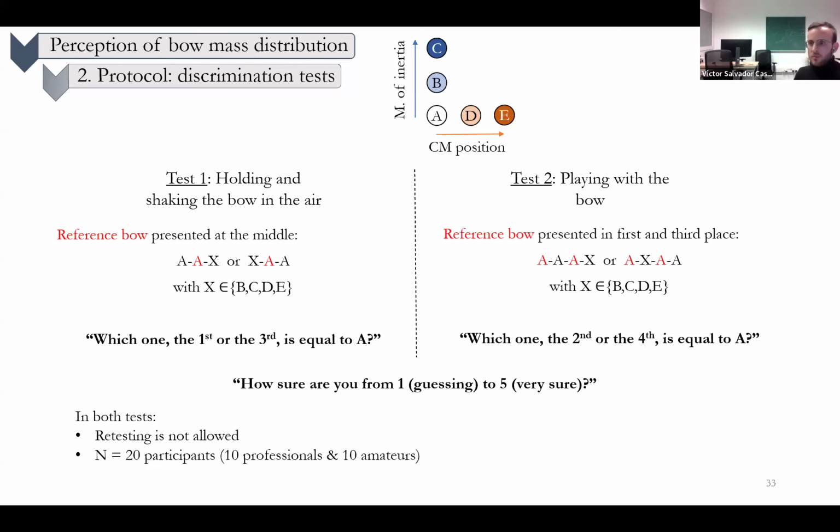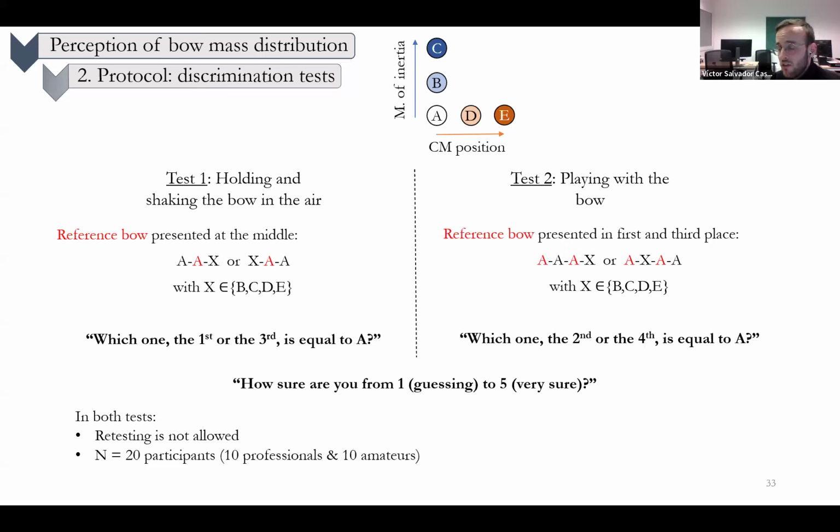So let us imagine that there is someone that is very discriminant, that is very sensitive to these changes in bow mass distributions. They will always give the good response, so they will have a 100% rate of answering the question correctly. But let's say that there is someone that doesn't perceive any of these changes at all.